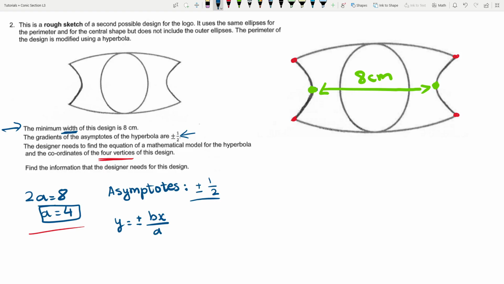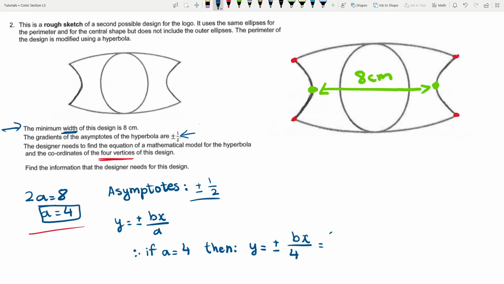So if a is equal to 4, then y plus minus bx over a is 4.